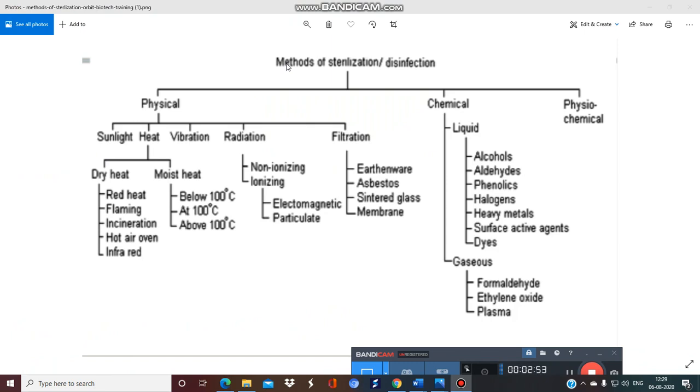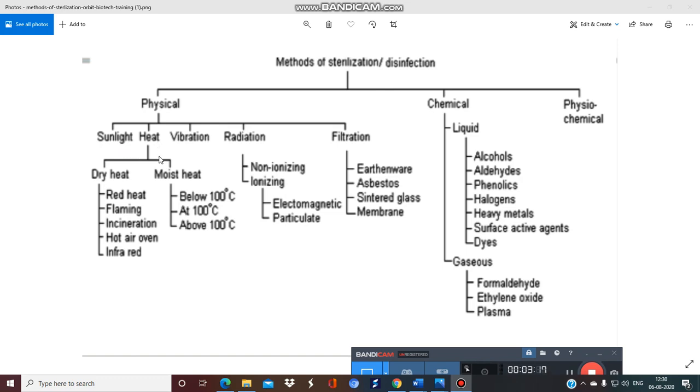So basically we will do three methods of sterilization: physical method, chemical, and physico-chemical. Physico-chemical is nothing but the combination of the physical and the chemical method. Look at this. In the physical method, sunlight. Yes, nature gives us a gift, a natural sterilizing agent, in the form of UV rays in the sunlight.